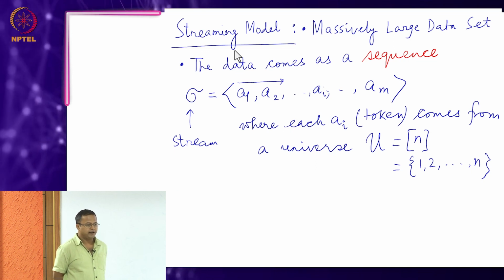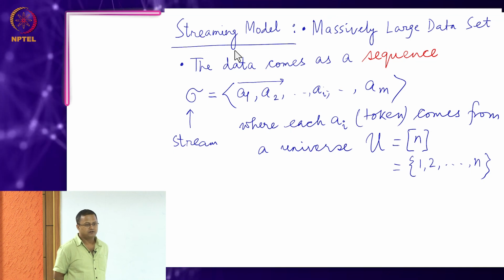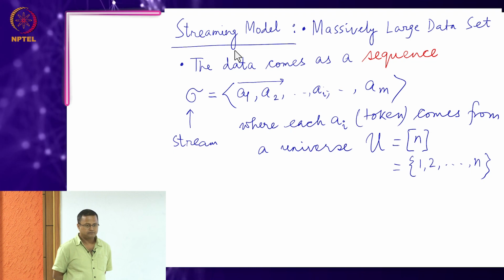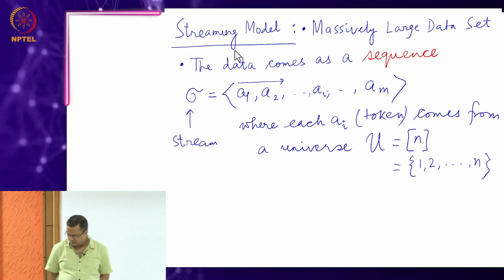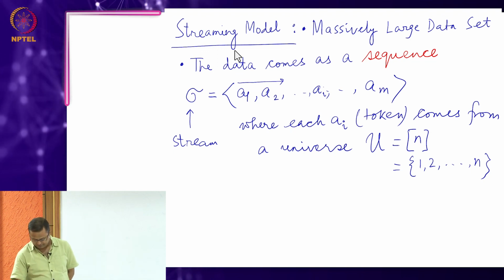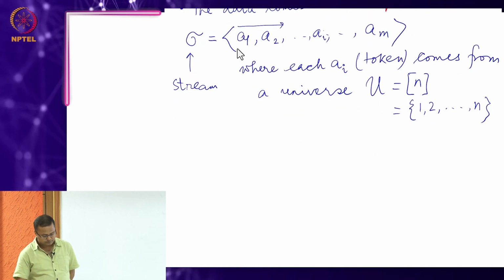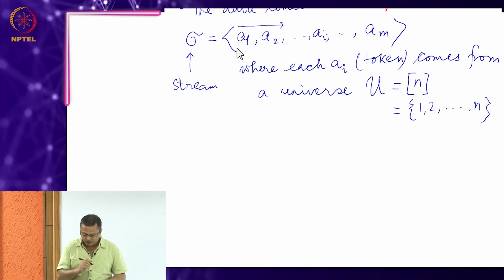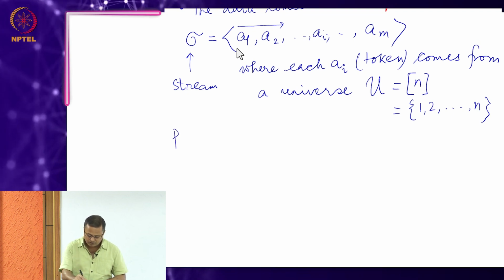So, once you have seen A2, you cannot see A1 any further. That packet is gone. Okay. So, what you can do? So, there is this notion of pass.